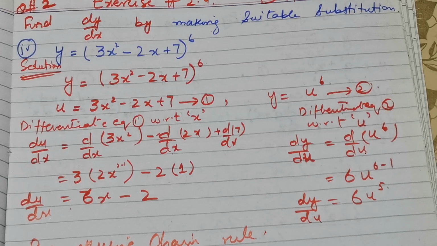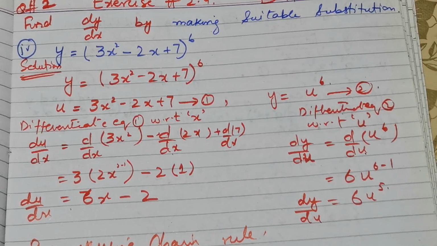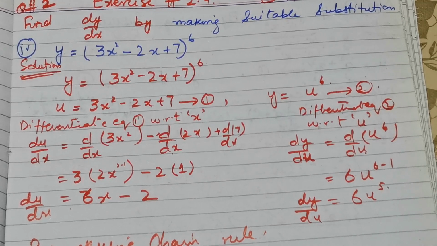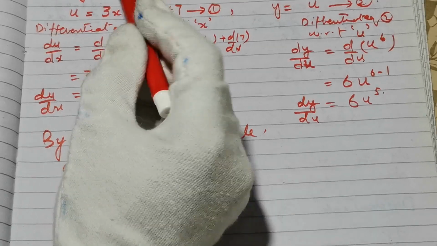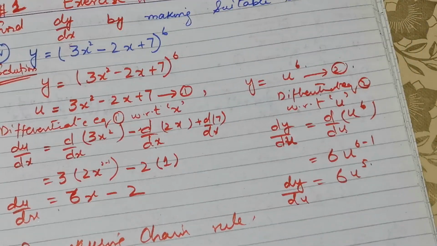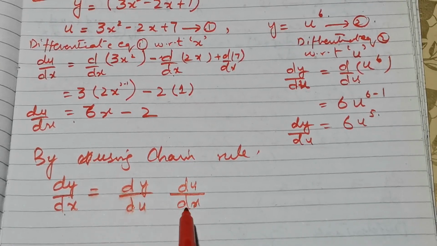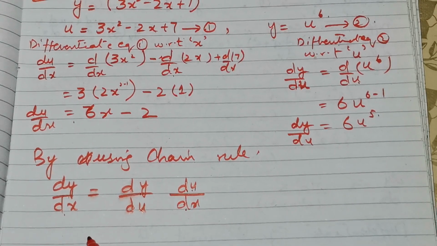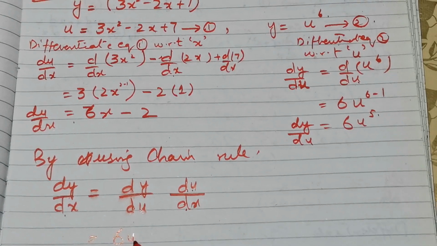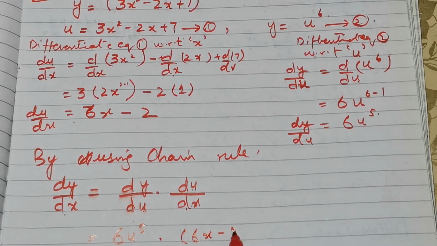According to the chain rule, dy by dx, we multiply and divide by du, so dy by dx is dy by du times du by dx. dy by du is 6u raised to power 5, and du by dx is 6x minus 2.